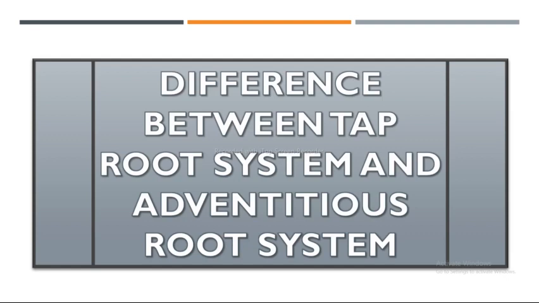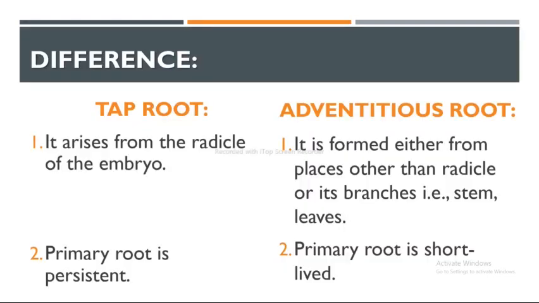Next, I am going to discuss the difference between the taproot system and the adventitious root system. First, I will discuss the taproot and then the adventitious root. Taproot, it arises from the radicle of the embryo.